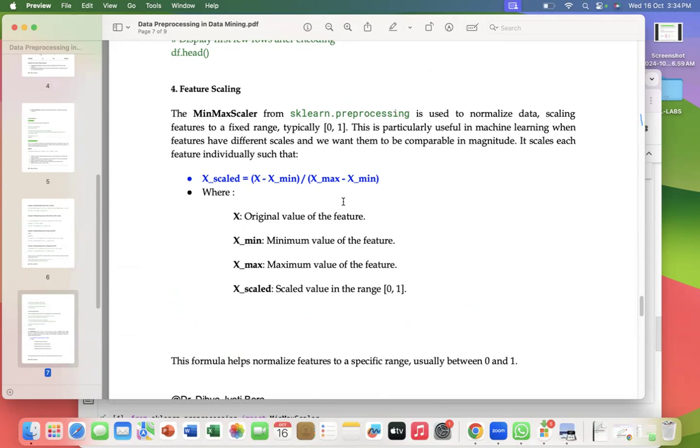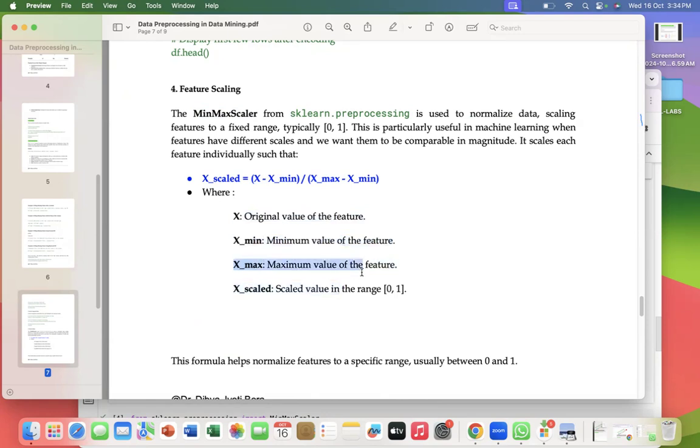Whatever the machine learning algorithms are, we have to depend on this particular library, sklearn, or sometimes you can say scikit. So this min-max scaler has this equation: x scaled equals x minus x min, divided by x max minus x min. x is the original value, x min is the minimum value, and x max is the maximum value.